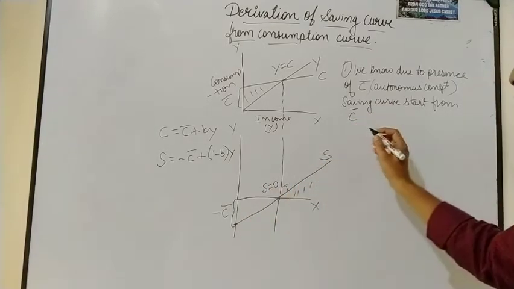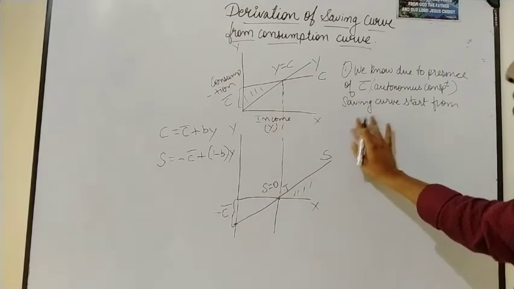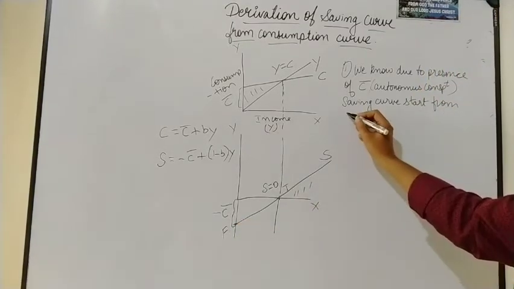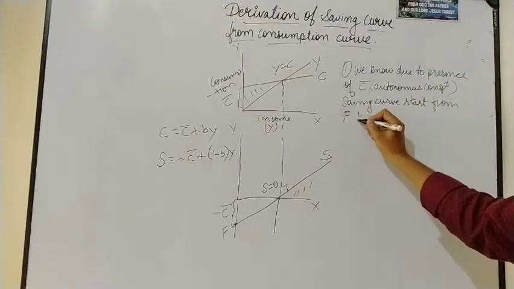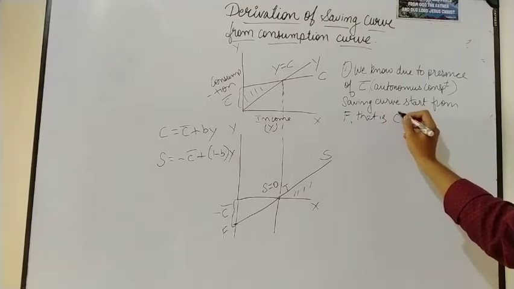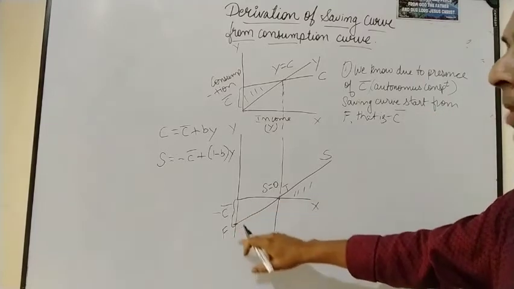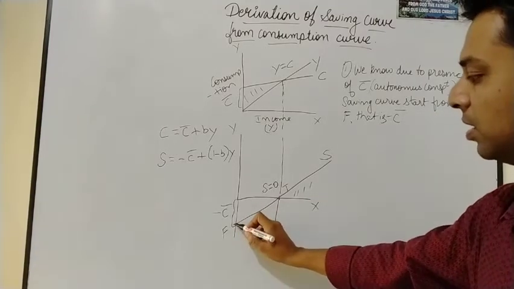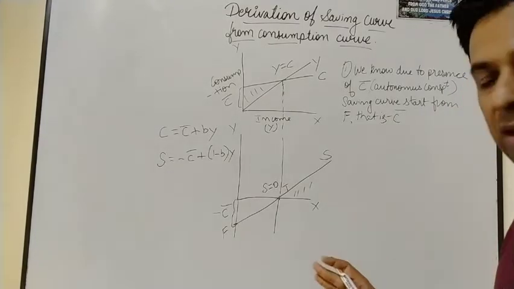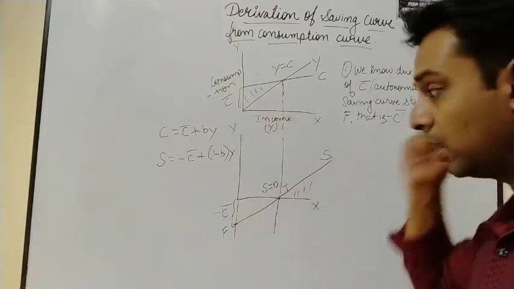It will start from this point; put this point as F. It starts from point F, that is minus C bar. So we are clarifying that because of this autonomous consumption, the saving curve is starting from minus C bar. That's the first point.